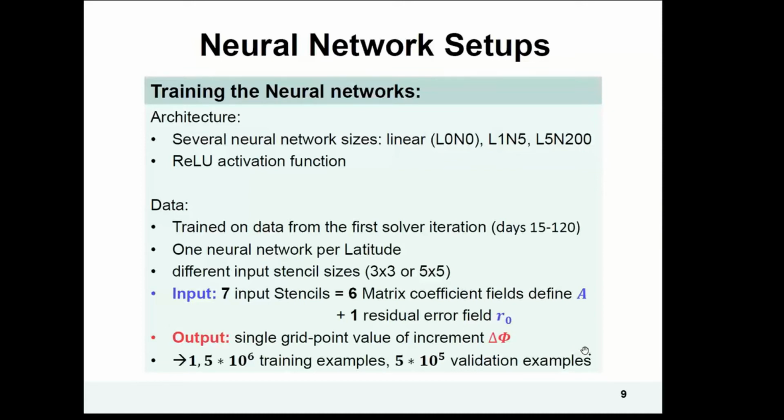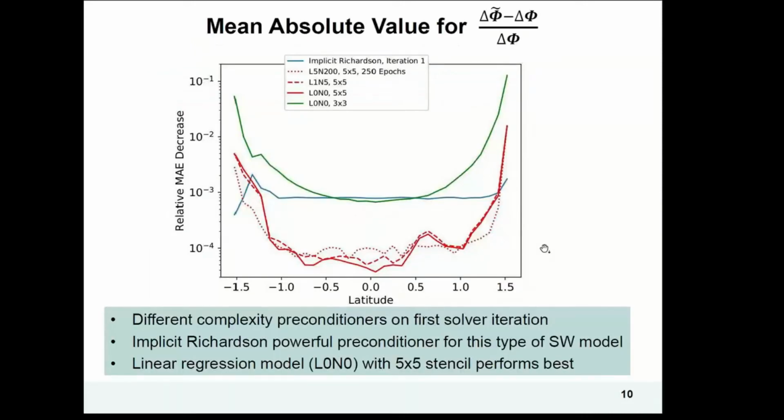And if we look at the first results, so this is basically how much could the error in fluid thickness be reduced by a single application of the preconditioner. And in blue, you see here's a reference, which is the semi-implicit Richardson, the analytical preconditioner. In green, you see the linear preconditioner, so the linear regression model with a small input stencil.